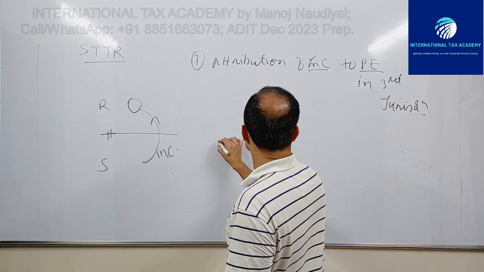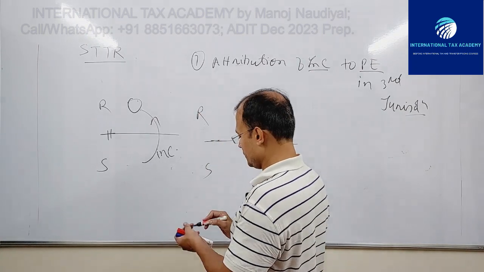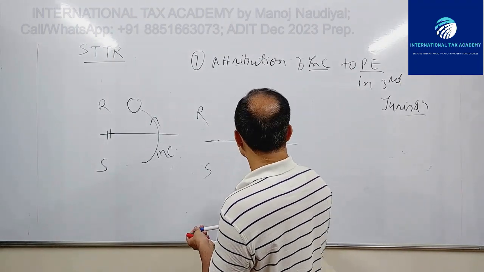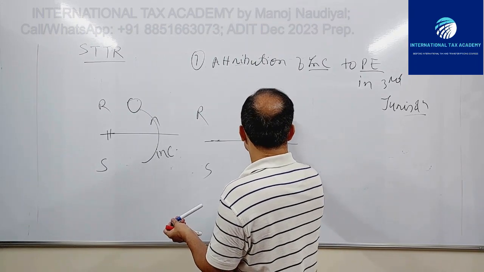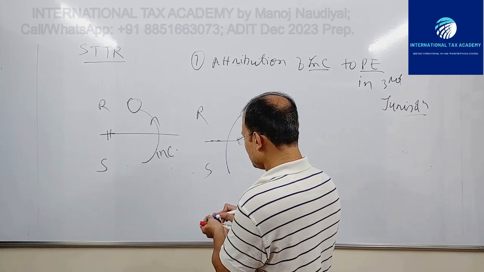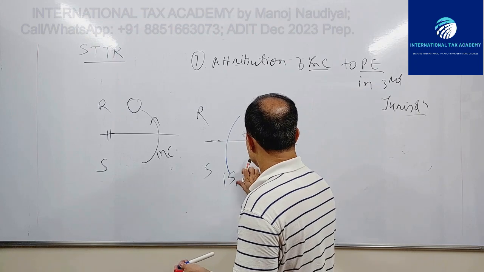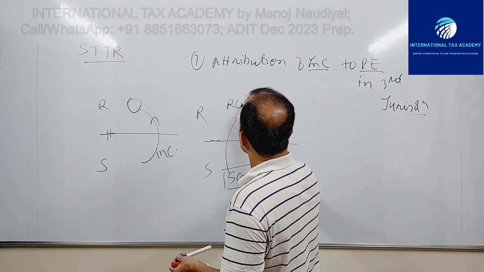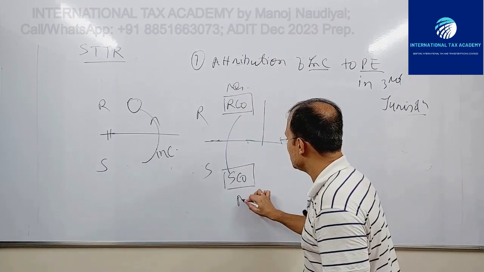Okay, you have S, you have R. The payment is like this. You have ESCO, a company, and ARCO, another company. ARCO is the tax resident here. ESCO is a resident here.